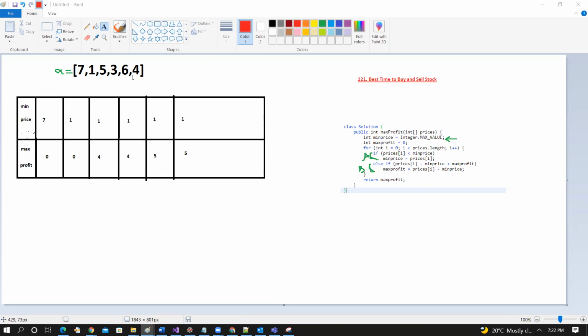Now when profit comes, first we need to think: we have already bought some shares or stocks, and then at a certain time, after judging whether we are really making a profit or not, we sell. So there are two decisions we need to make.